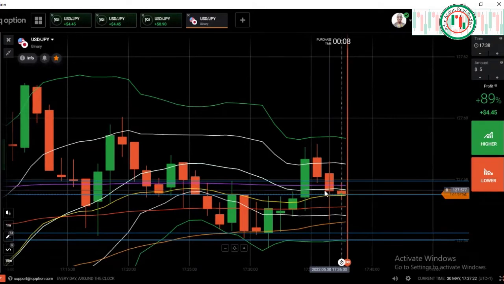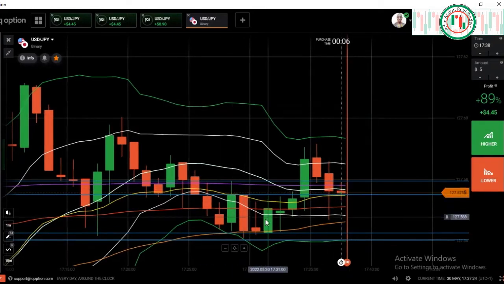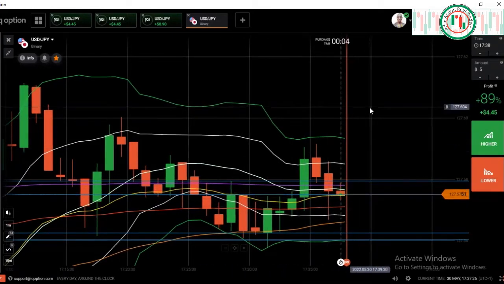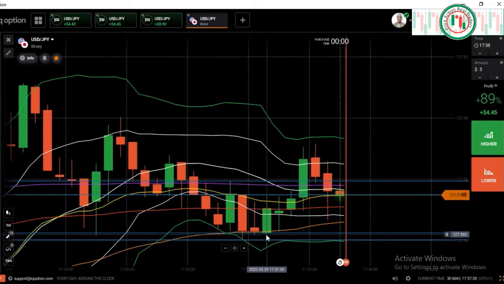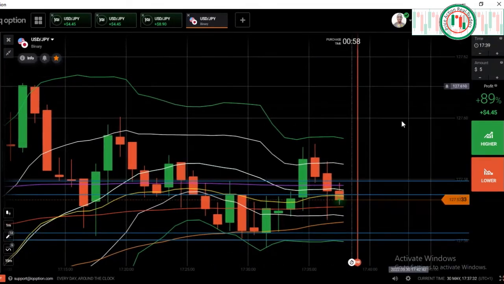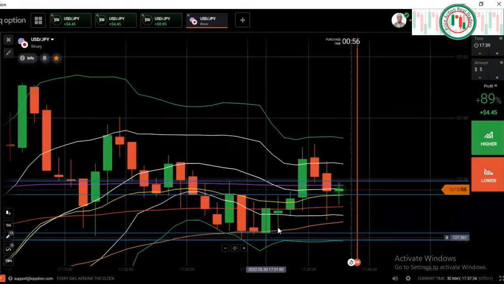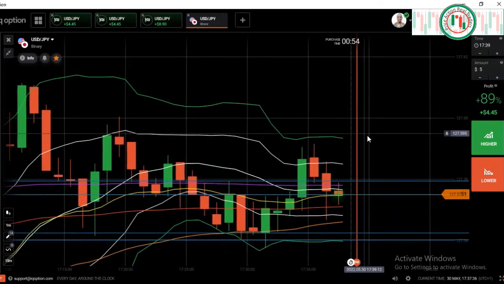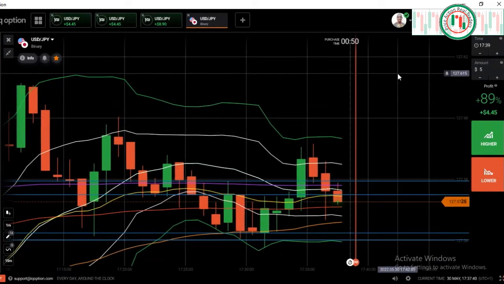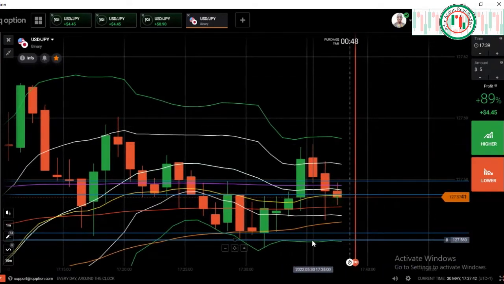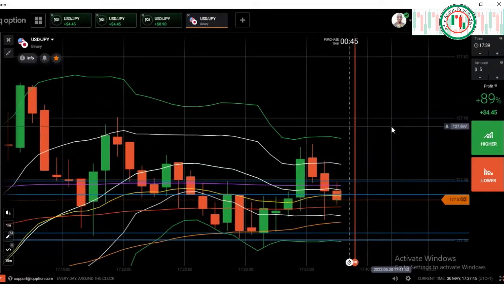If it is trending market, if market touches this, because of this engulfing, you place call option. But this is ranging market, you wait for market to reach this zone, because if you place your trade here, market may still go down. That's why I will wait for market to reach this zone, then I place call option.